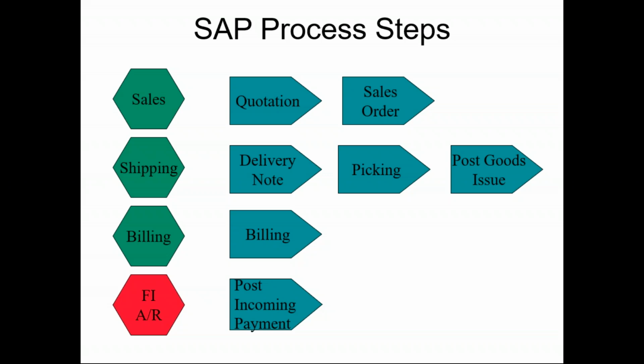Shipping means delivery, picking. Picking is part of the delivery, and packing is also part of the delivery. In fact, even the goods issue document will be part of the delivery document.